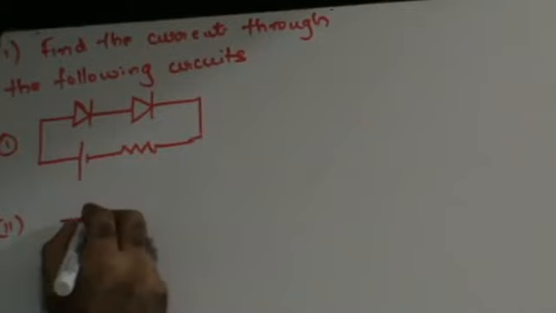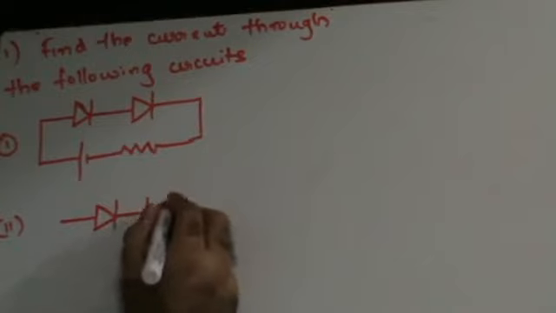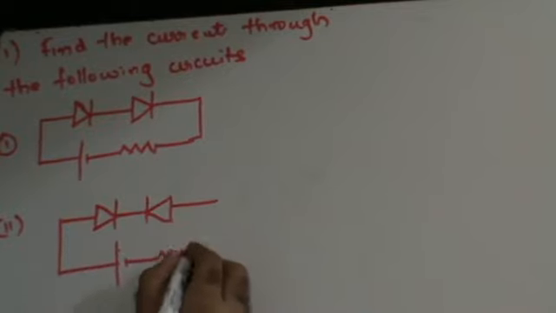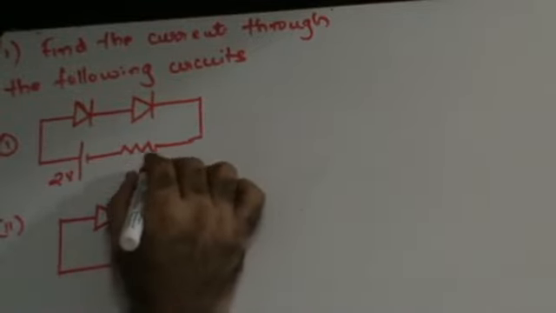This is your first circuit and your second circuit is, these are your two circuits. This is a 2-volt battery and this is a 2 ohm resistance. Right? Now, let's see the first circuit.